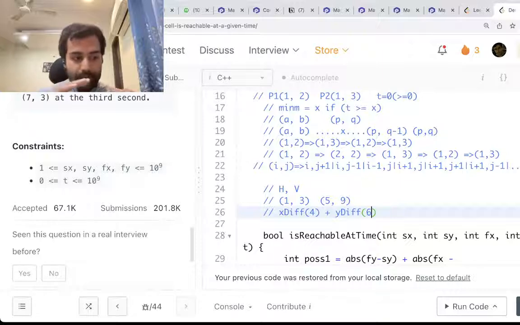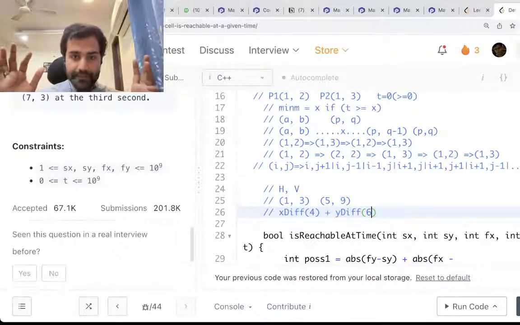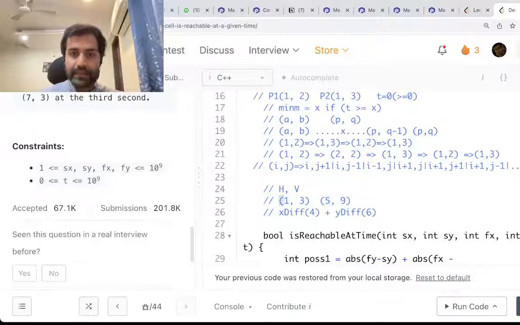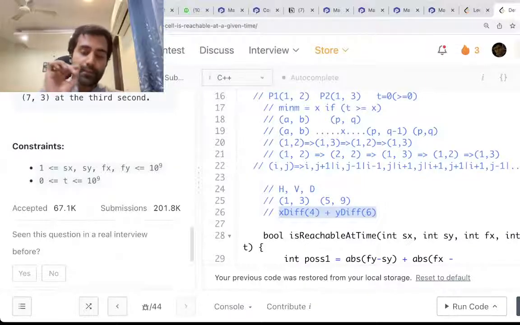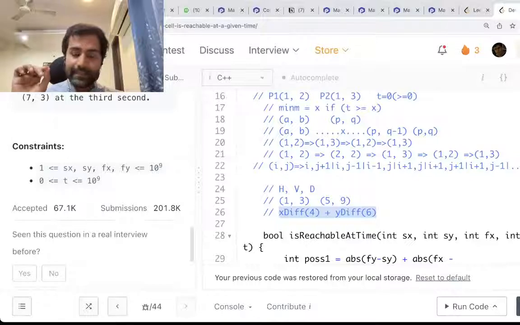Because we all know that the motion in x and y, both of them are independent of one another, right? So the sum of the gap between x and the gap between y would have been the answer. But now here diagonal movements are allowed, so I can say that my answer can be smaller than this. Why? Because when you move diagonally, you are moving along the x-axis also and along the y-axis also.